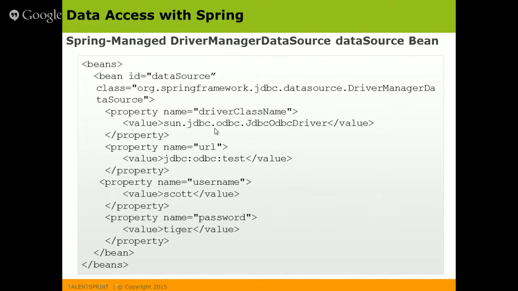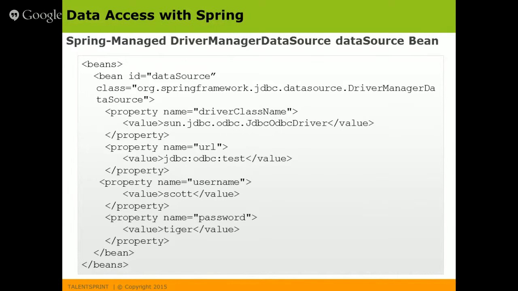The second property you can see is nothing but the URL property. The URL is nothing but where exactly the database is located and what is the database name we are going to use. That we are specifying in the URL property. Then you can see the username and password with which we have to connect to the database.